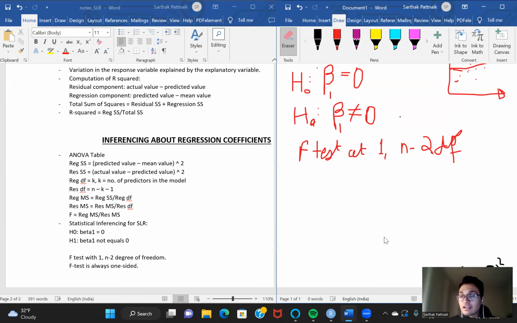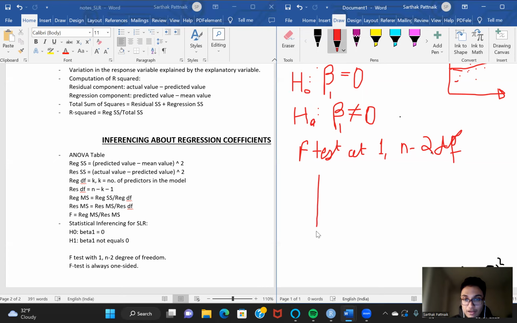Your assumption is correct if the test that we would have taken was a t-test. If our test would have been a t-test, then your assumption is 100% correct. However, the property of F-test is it is always one-sided. This is a specific property of F-test. F-test is always one-sided. And therefore, rather than doing the test at alpha by 2 level, we'll be doing it at alpha level.